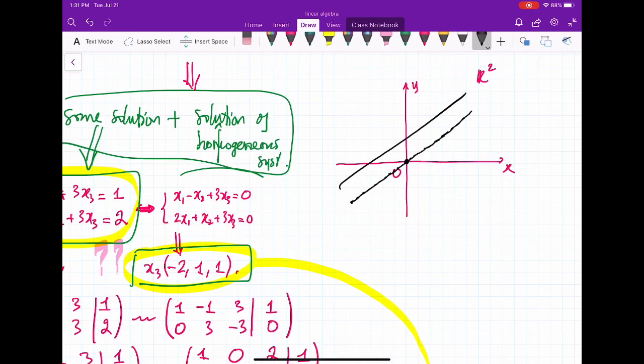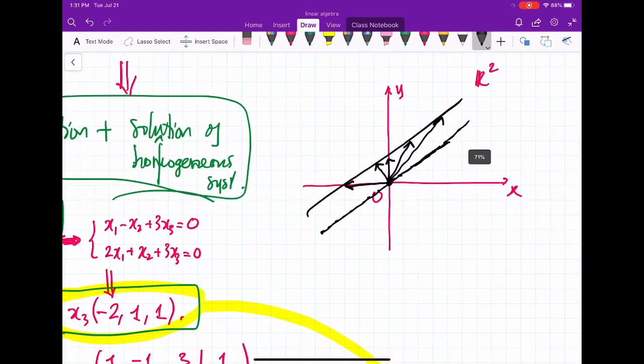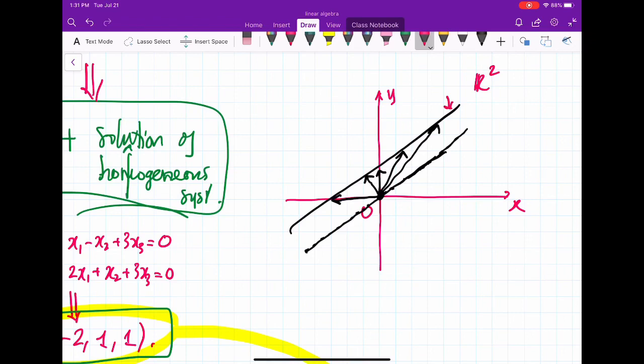You see this? And then I can move this straight line to the left by some vector, or move up by some vector, or whatever. You don't care. But I can find infinitely many vectors so that I can move this line to get the one right here.